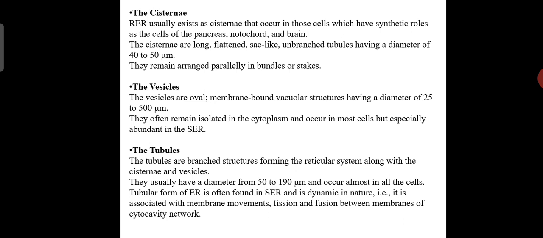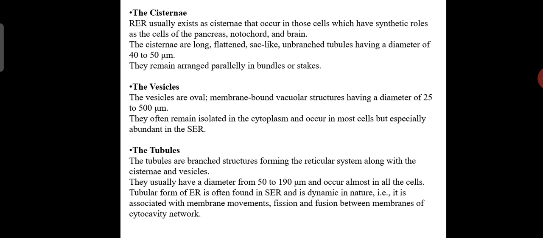And the vesicles, next part. The vesicles are oval, membrane-bound vacuolar structures having a diameter of 15 to 500 micrometer. They often remain isolated in the cytoplasm and occur in most cells, but are especially abundant in the smooth endoplasmic reticulum. Next part is the tubules. The tubules are branched structures forming the reticular system along with the cisternae and vesicles.